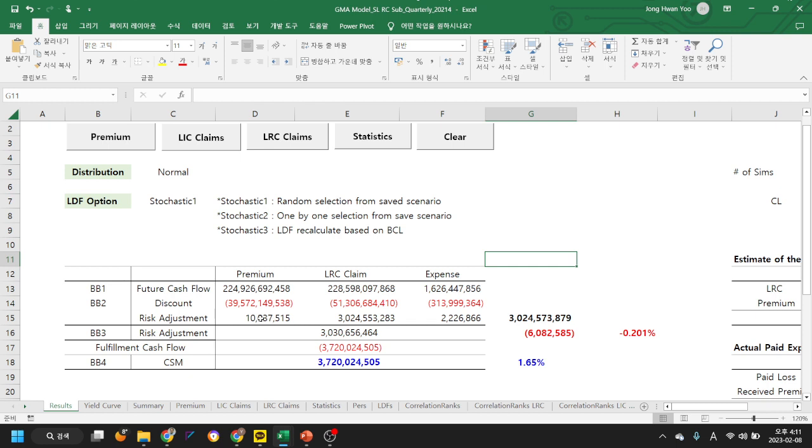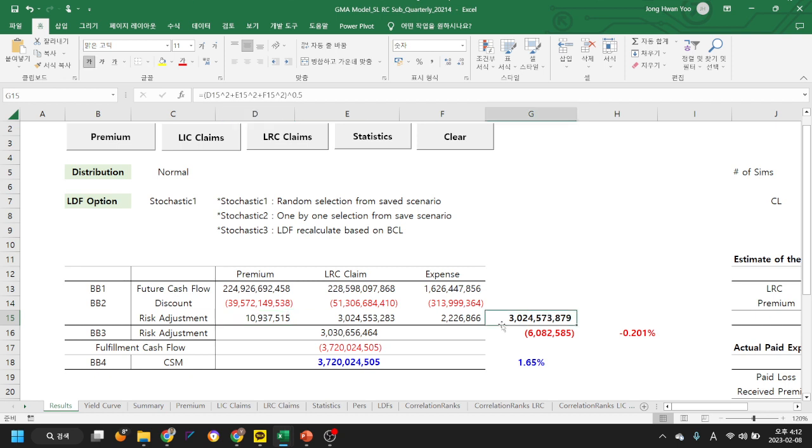I have come up with, on the premium side, under the 75th percentile confidence level, how much that is for premium side risk adjustment by the definition of confidence level or value at risk technique, and also for the RRC, the future claims payment and expense as well.